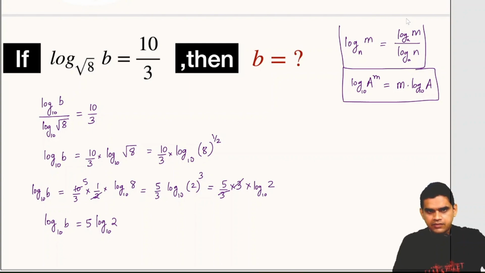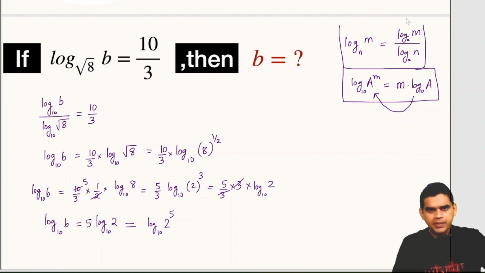Now we see that we have the simplified form and we want to get the value of b. For that, we can write 5 times log 2 base 10 as log base 10 of 2 raised to power 5, just the reverse of this rule. Here m was 5 and capital A was 2, so we can rewrite it as log base 10 2 raised to power 5.